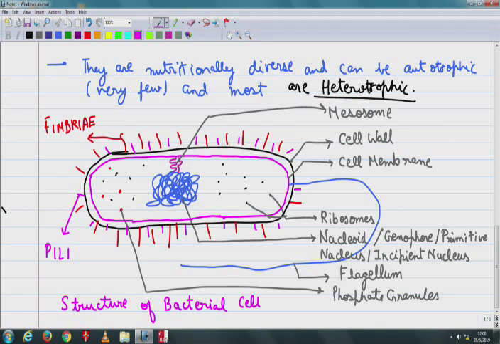Everybody has done it. Should I move on? I'm not able to see clearly whether you have finished or not. Look, there are a lot of details here. I'll have to discuss those details also.